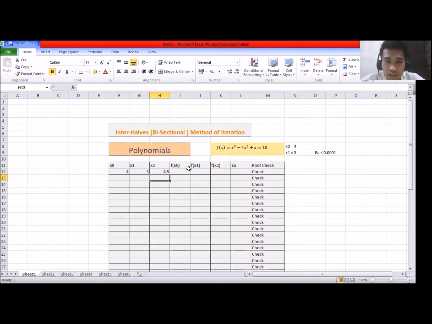In getting the function values, we rewrite the function itself, but x will be the value of the initial values, like x0 equals 4.